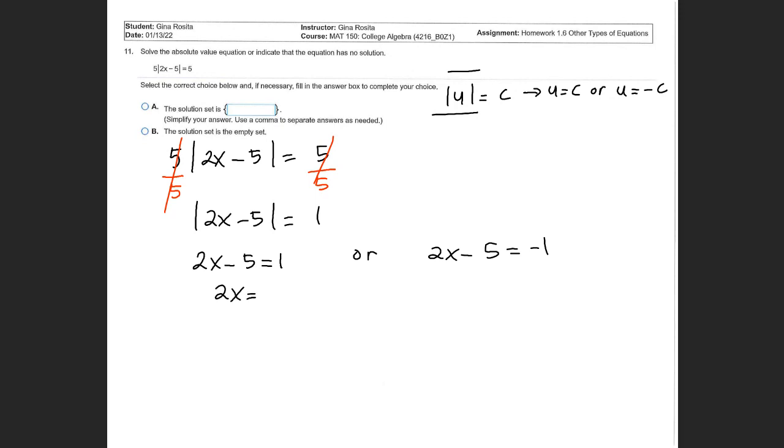So 2x equals 1 plus 5, and 1 plus 5 is 6. Now divide by 2 on both sides. So the answer becomes x equals 3.